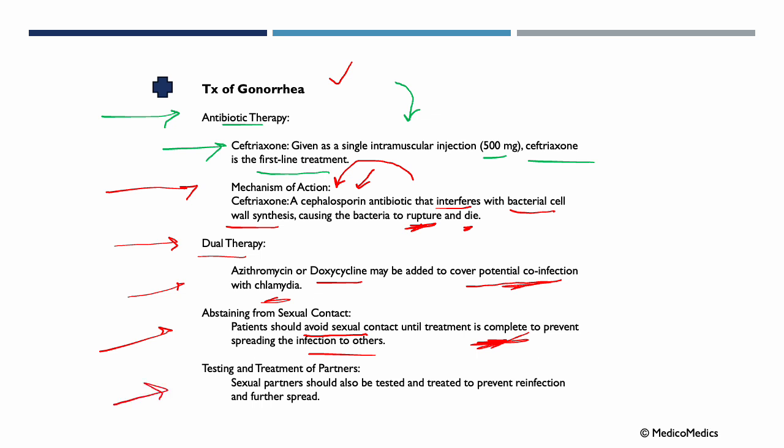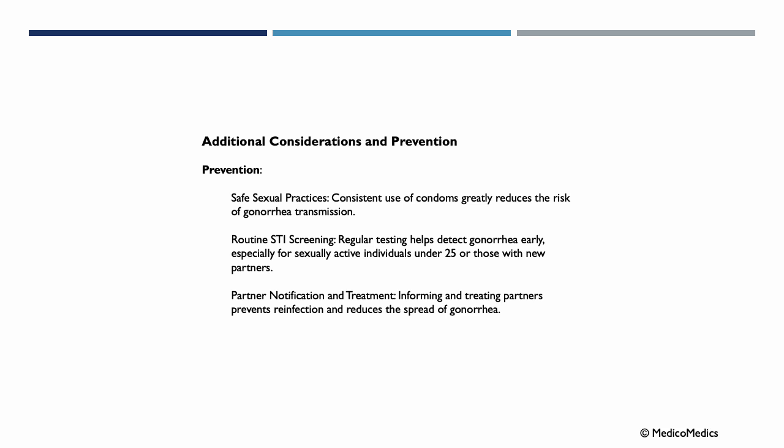Of course, testing and treatment of partners. So if you do discover that you've been diagnosed with gonorrhea, sexual partners that you've had contact with should also be tested and treated to prevent reinfection and further spread. Some additional considerations and prevention. So safe sexual practices.